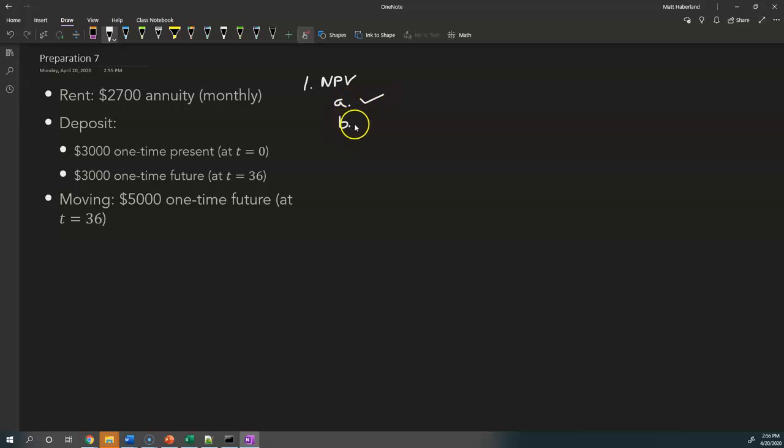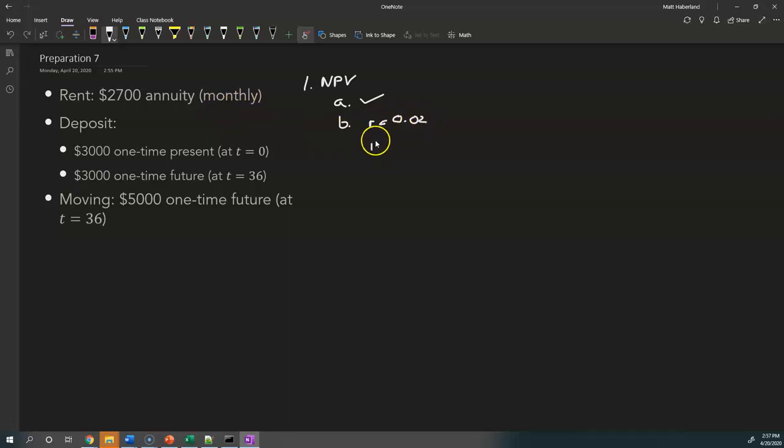B, I think we needed to determine our interest rate. Now we said that the annual nominal interest rate of your bank account was 2%, but we need to convert that to monthly because we're doing our analysis monthly. R is equal to 0.02.